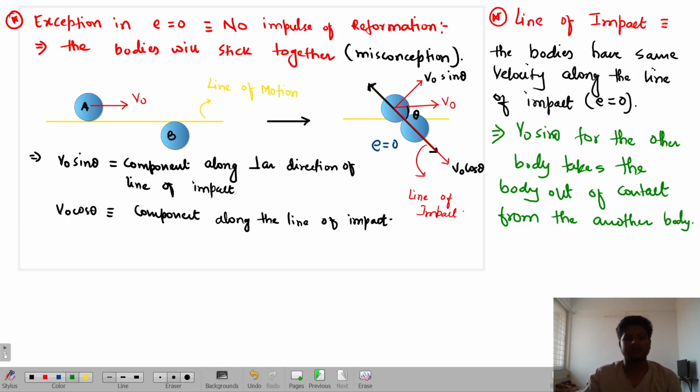Look over here. This V naught sine theta component of this body is taking this body away after the collision, isn't it? From body B, isn't it?